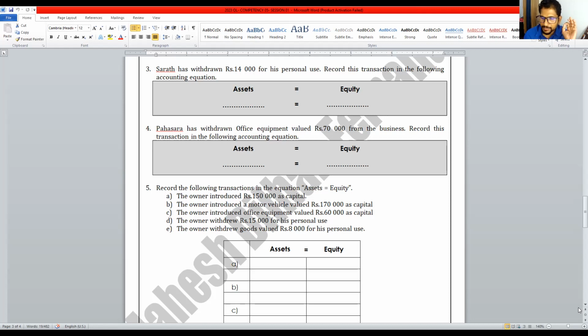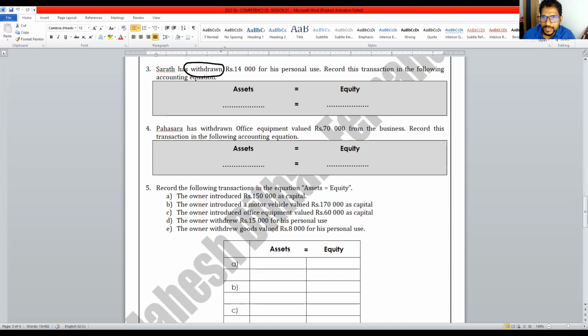Now, this time, Sarath has, highlight this word, withdrawn. It means taken back. He introduced, now he is taking back 14,000 for his personal use.